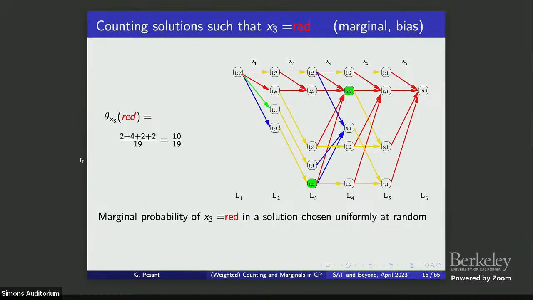So you can see this as being the marginal probability of X3 equal red if a solution is selected uniformly at random. Okay, so the good news is that it doesn't cost you much more here. If you're doing the work for filtering, counting costs you almost nothing more.